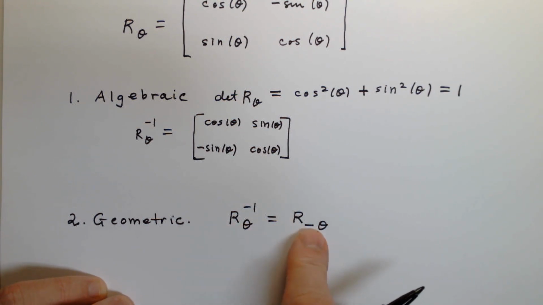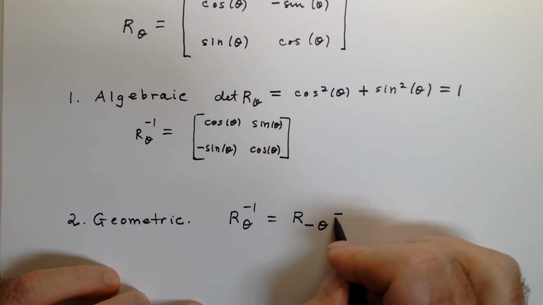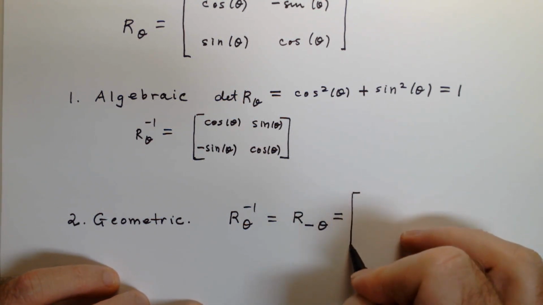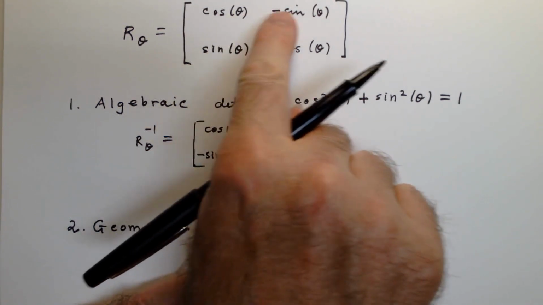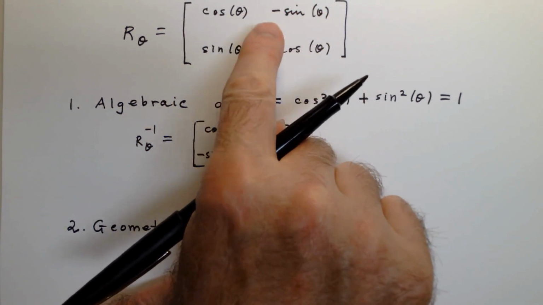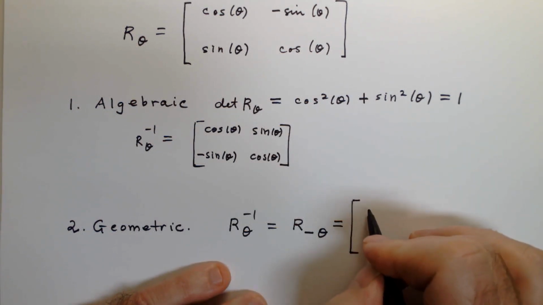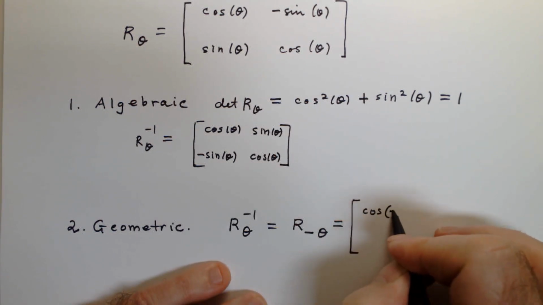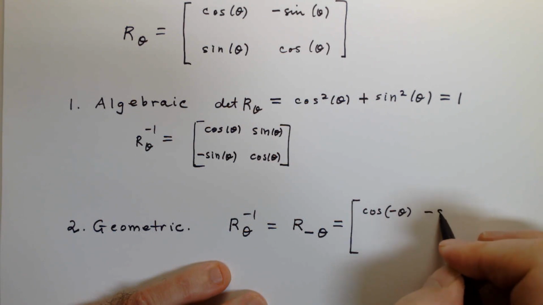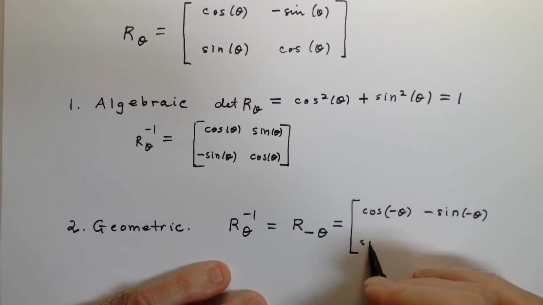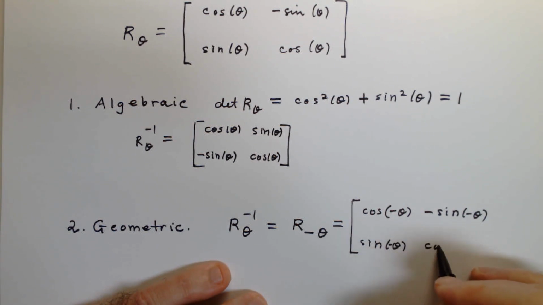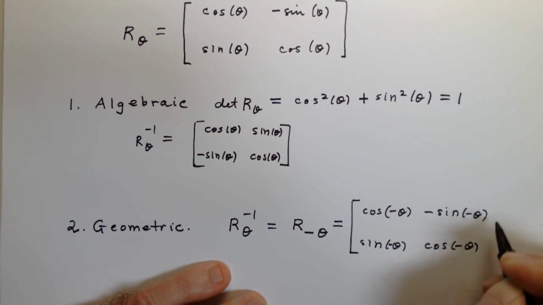rotation through negative theta. Now, we've been through this exercise once before, but let's just take a look at the math again. This is going to be effectively plugging negative theta in everywhere we see theta in this rotation matrix above. So we'll have the cosine of negative theta, minus the sine of negative theta, the sine of negative theta, and the cosine of negative theta.